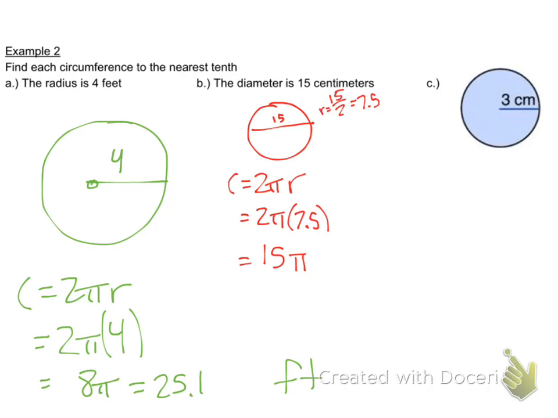Do you see that every time I write this formula down, I get 2 times pi times r? So essentially, I have 2 times r, and 2 times r is the diameter. So could I have done this instead? The diameter times pi? Yes. It would have probably made my life a little easier for this one, because then I just would have known it's 15 pi. And 15 pi equals what again?